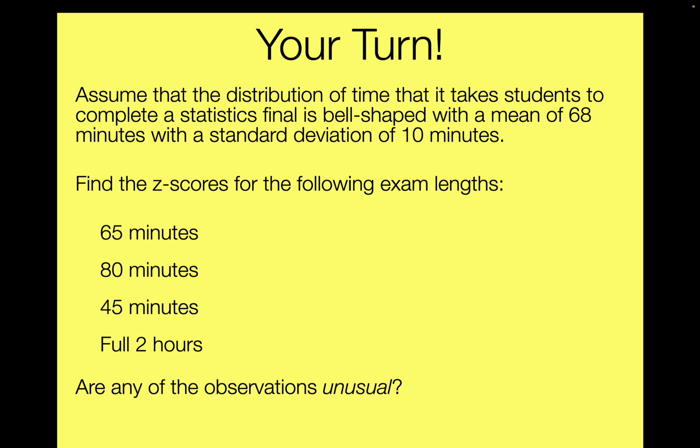With those pieces of information, as a hint, that gives you x bar and s. I give you 4 different numbers, which you'll plug in for x, but use the formula from the previous page to find the z-scores for each of the following exam lengths, and then answer the question: are any of the observations unusual? Okay, and that's where I'm going to end this video.